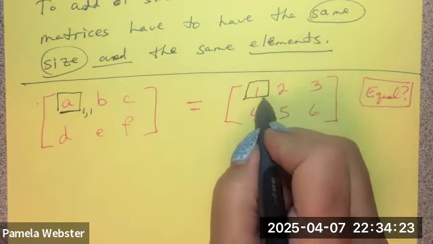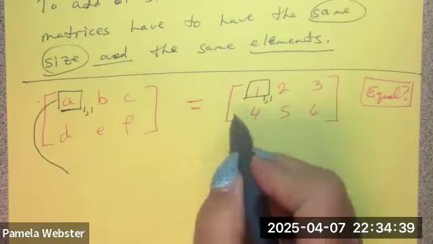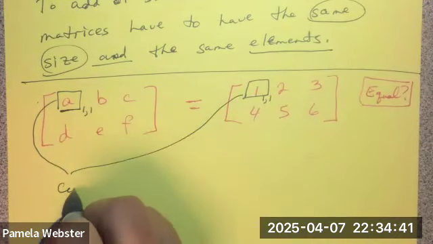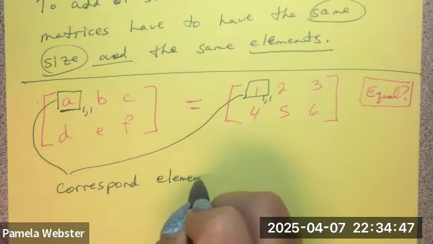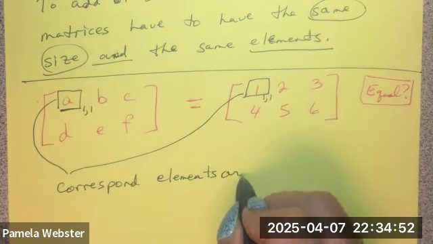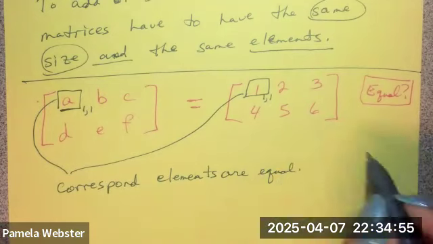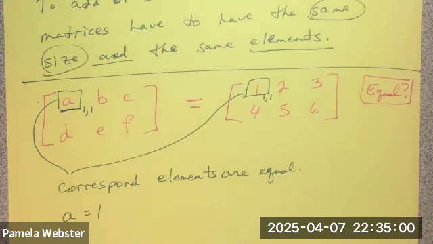This 1 is in the first row, first column, right? When I have two different matrices with the same exact size, if I set them equal, they're called corresponding elements. This guy and this guy correspond. They're in the same exact location. If that is true, then we can say they are equal. So here I can say A equals 1, absolutely, because they're in the same spot.